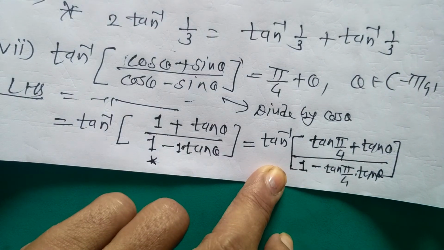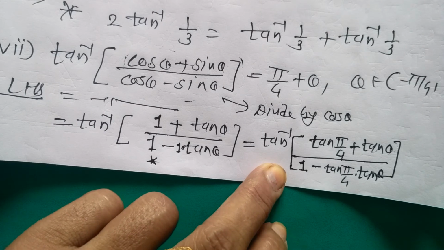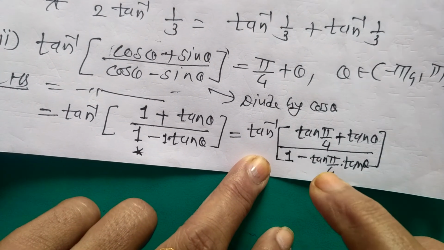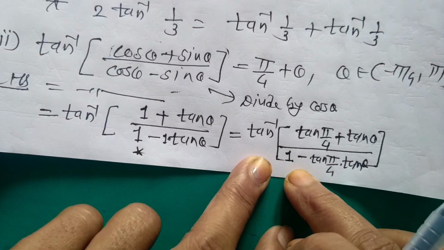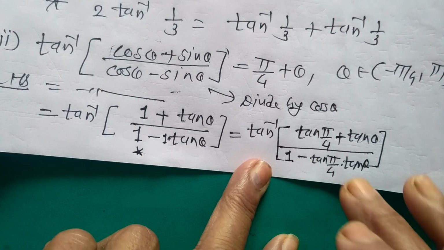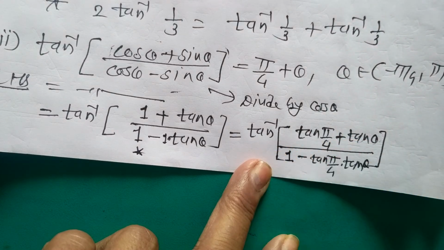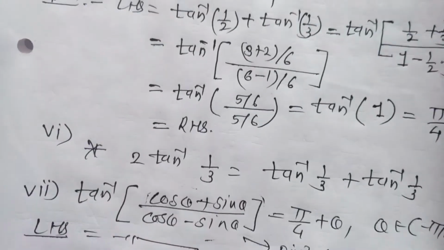And therefore we can take that result, tan pi by 4 plus tan theta upon 1 minus tan pi by 4 into tan theta. But this is the formula for tan of pi by 4 plus theta, and therefore by cancellation of this tan ratio with tan inverse we get the corresponding answer.